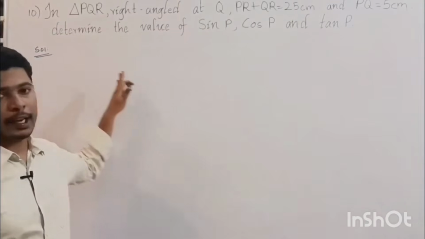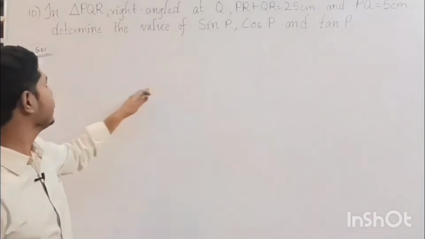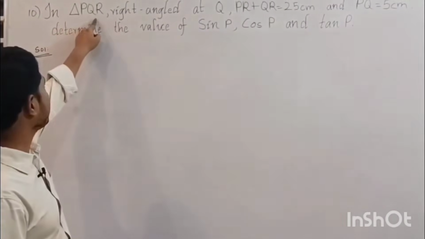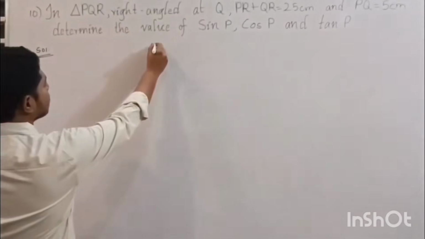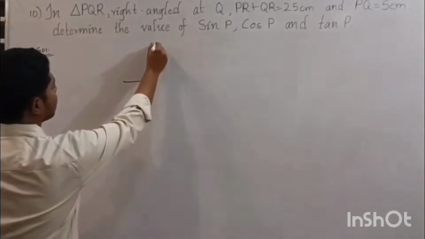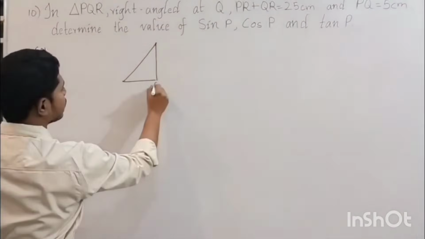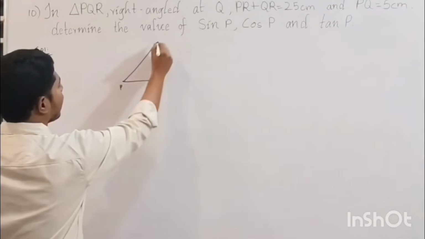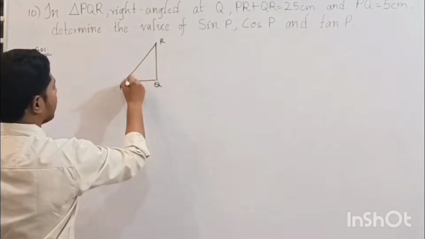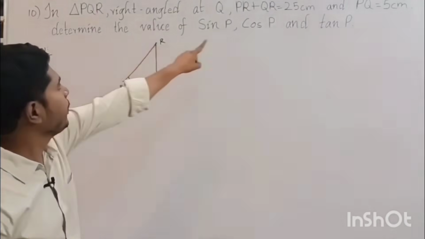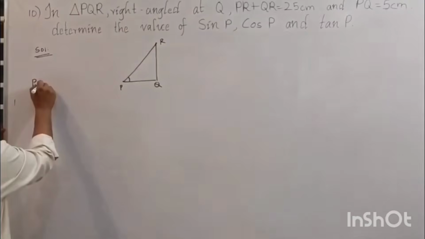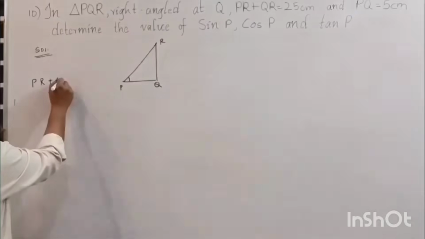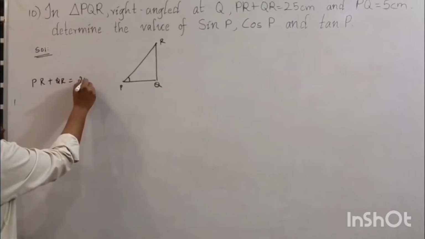10th question in exercise 8.1. I am going to read the question. In triangle PQR, right angle at Q. I am going to draw the diagram. Right angle at Q. I will mention P here and R here. Then they have given PR plus QR is equal to 25.